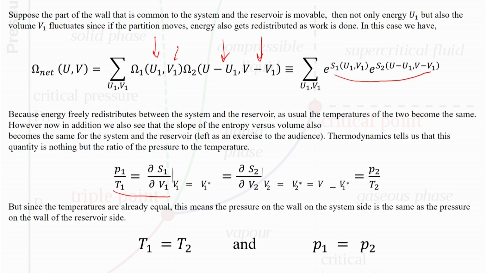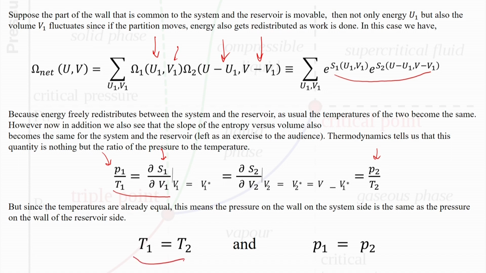So, the system's slope is equal to the reservoir slope, and notice that the slope of the entropy with the volume is nothing but the ratio of pressure and temperature. So, as a result, at equilibrium you end up equating the ratio of the pressure and temperature of the system with the ratio of pressure and temperature of the reservoir. But notice that I have also allowed for energy to be exchanged. So, as a result, the temperatures were anyway equal to begin with.